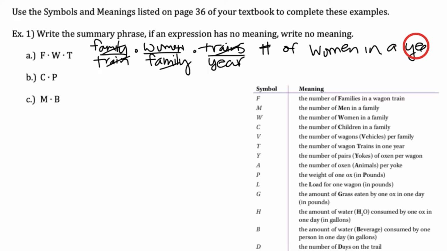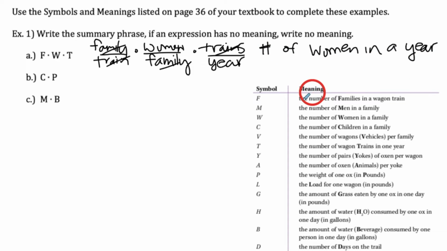And so that would be the summary phrase. The summary phrase is not this long sentence, the families in a train times the women of the family times the trains of the year. Like we don't use the word times, even though that's what we were mathematically doing. But after we multiply that material together, what did we get? We would get the number of women in a year.